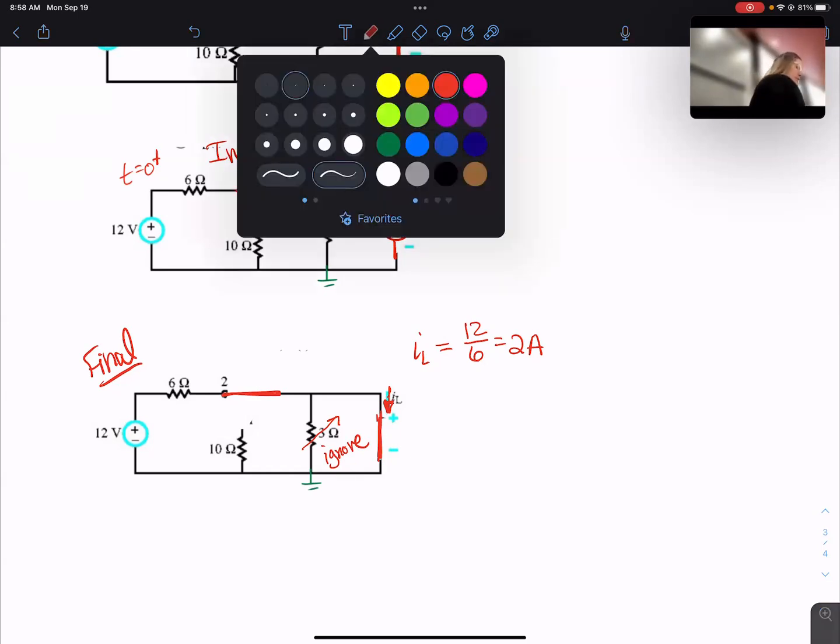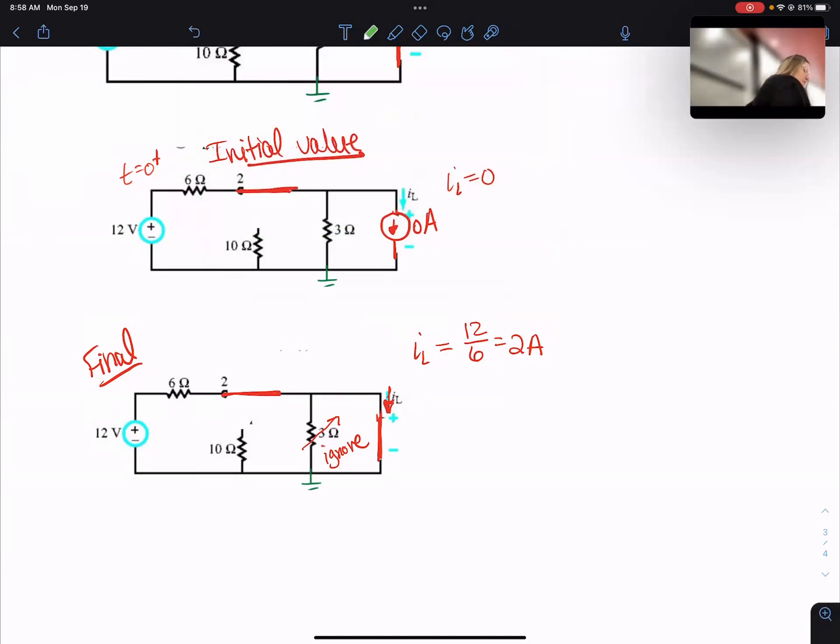So if I was to color this one, this would be everything that I would color, and that makes it a little bit more obvious that the 3 ohms is ignored.